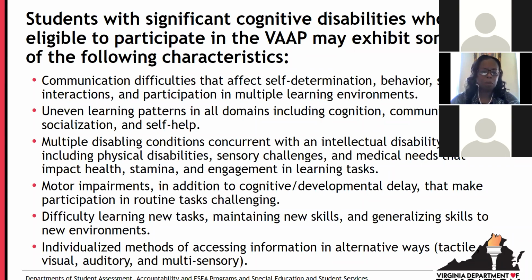And those multiple disabling conditions may include physical disabilities, sensory challenges in vision and in hearing, medical needs that impact the students' health, their stamina, and their engagement just across the board with various learning tasks.